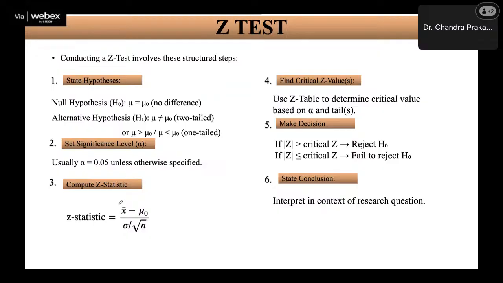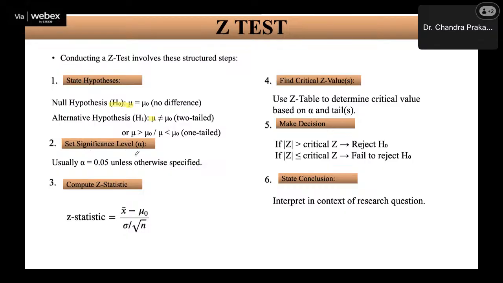So 50 gram is basically the null hypothesis; we consider mu as 50 gram only. In case of the alternate hypothesis, anything other than 50 is my alternate hypothesis. If I'm considering two tail, it is not equal to 50. In case of one tail, I consider that it is less than 50, or another one, that it is more than 50. That is my alternate hypothesis.